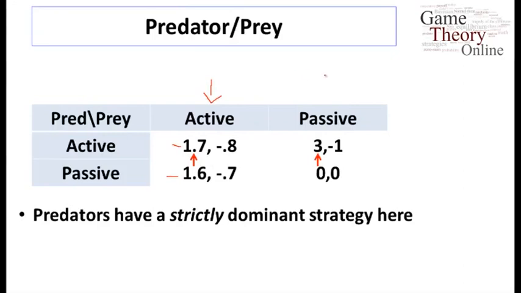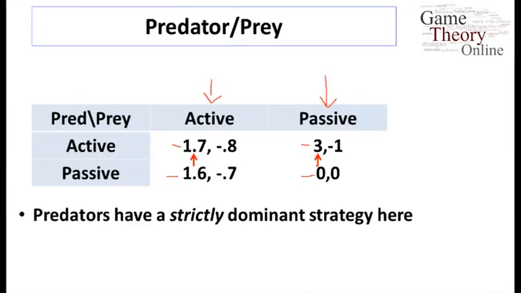And similarly, if the prey is passive, they'd rather be active because they'd get 3 rather than 0. So either way, being active is better, and being passive for the predator is a strictly dominated strategy.